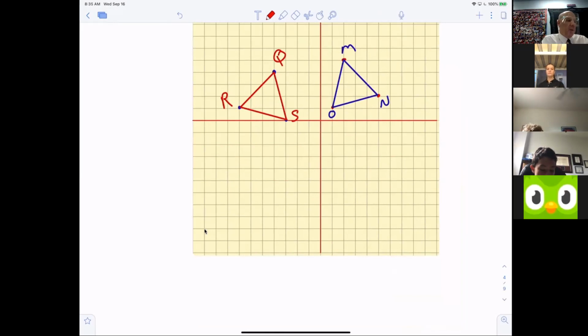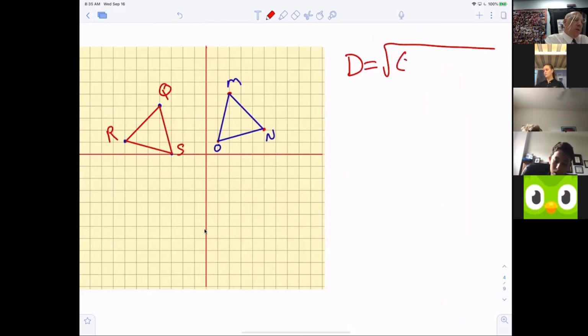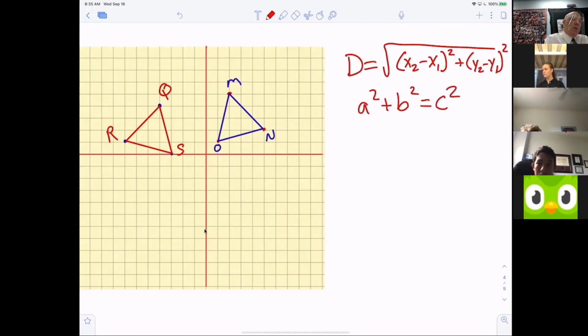All right. Now let's review distance formula. Who can tell me what the distance formula is? What was it? Yeah, brilliant. And that is from what? That's from the Pythagorean theorem.